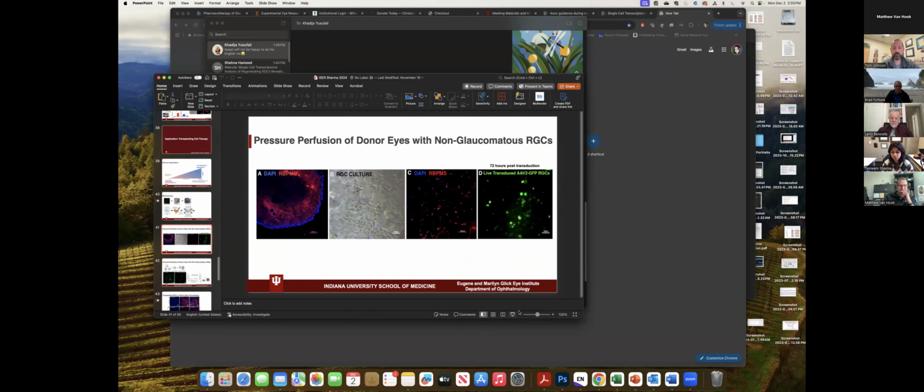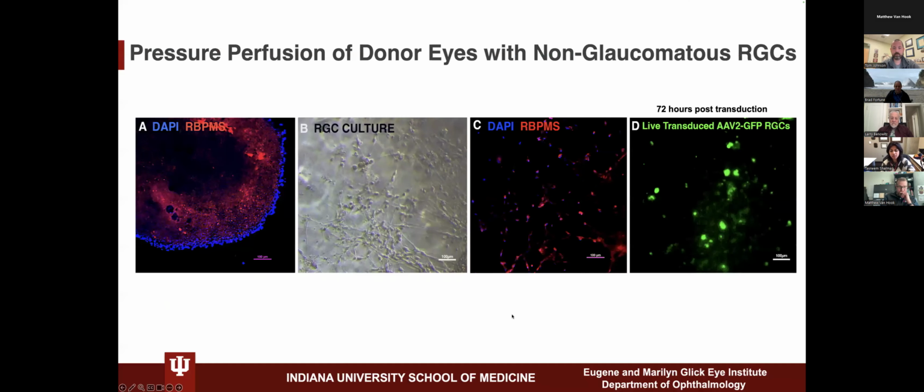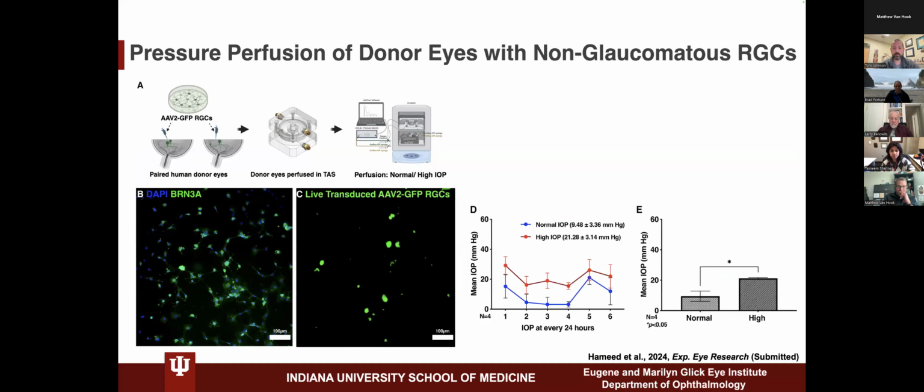This is what I was talking about when I mentioned that we grow them in culture and then GFP tag them, so that we can distinguish the recipient and the host. When we keep them under normal or high pressure, the high pressures are anything over 21 millimeters of mercury.